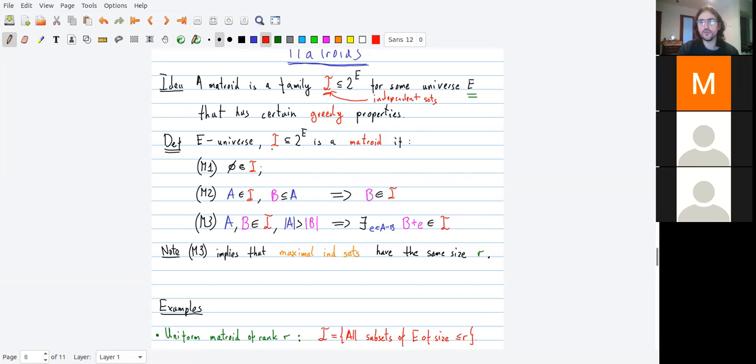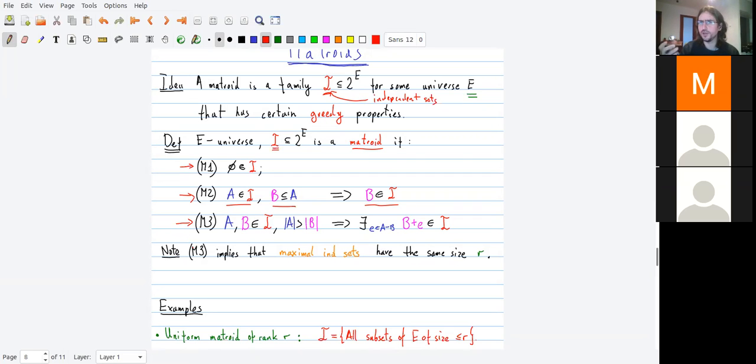So a family of independent sets forms a matroid, it is a valid family of independent sets, if the following axioms are satisfied. First of all, there are two very simple axioms. First, the empty set is independent, and independent sets are closed under taking subsets. So if I have an independent set A and B is a subset of A, then B is also independent. And the second condition is often called the exchange property.